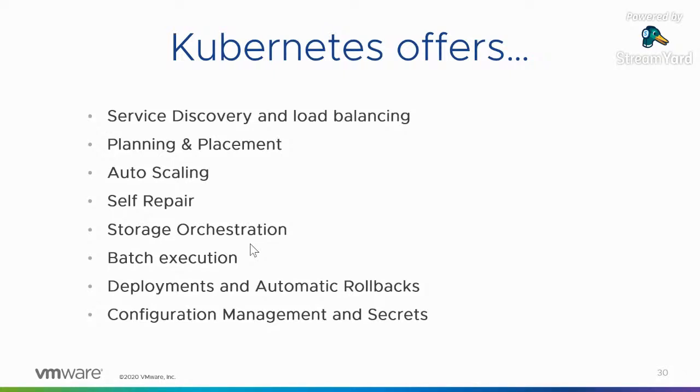People generally think that Kubernetes is only for stateless applications. That's not true. For stateful applications, you want the data to be stored on some persistent volume. That is where storage orchestration comes in very handy. You can define your own PVCs and PVs and use them in the YAML file and claim the storage.